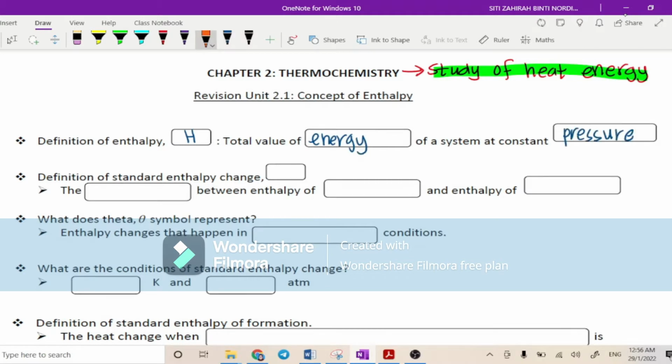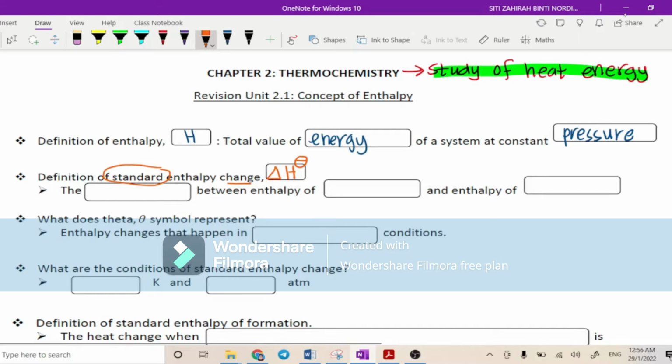While the definition of standard enthalpy change, we still have the word enthalpy, right? So you must write the letter H first. And then we have the standard. So when you encounter a standard word in your definition, you must put a theta symbol. And then change, so you must put the delta symbol.